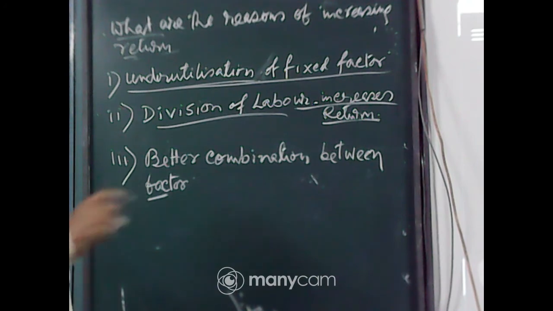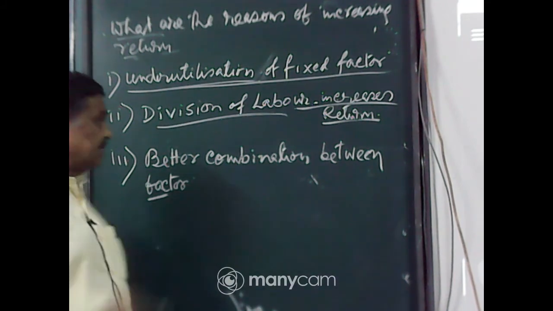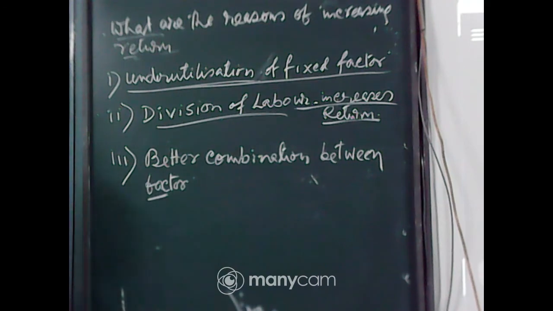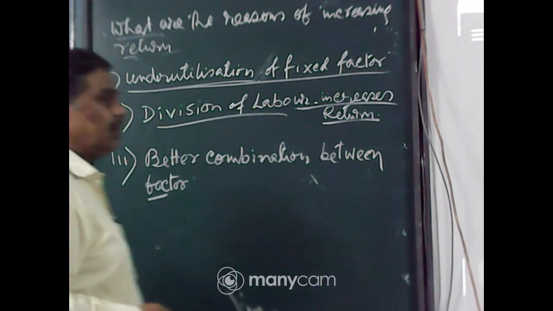There are two types of factors of production, fixed factor and variable factor. If you use more variable factor and less fixed factor, then production will not increase. Or if there is more fixed factor but less variable factor, then production will not increase.